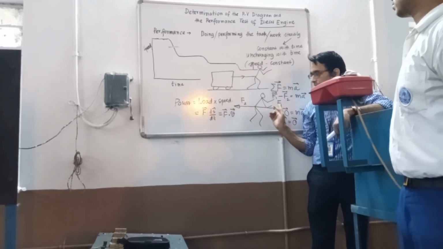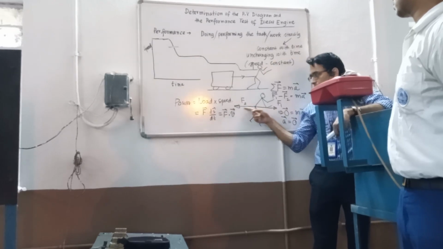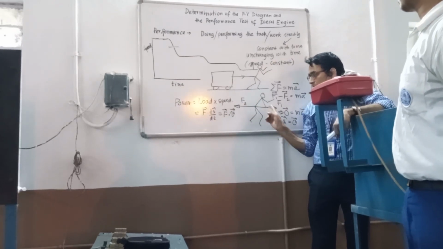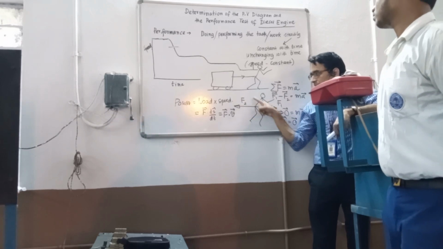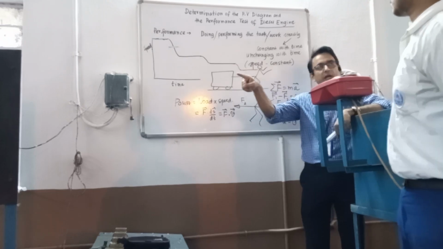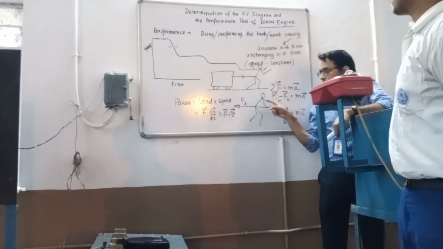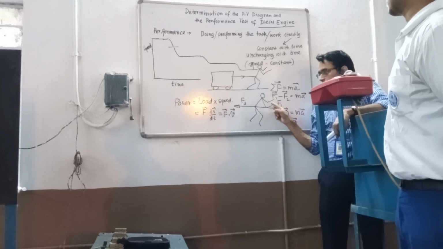So from this diagram you can understand that they should be the same when the speed becomes constant. Therefore I will be able to understand what is the energy produced by the engine by observing this, because I am selecting this value. This is the load I am applying. Therefore at the same speed this will become constant. This will become the same as this.